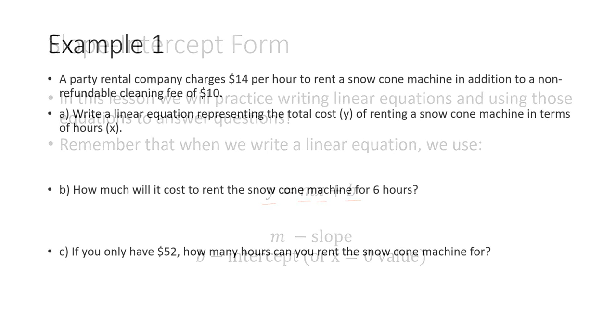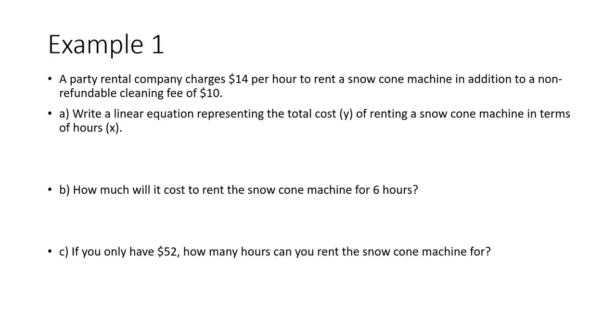A party rental company charges $14 per hour to rent a snow cone machine in addition to a non-refundable cleaning fee of $10. We want to write a linear equation that represents the total cost of renting a snow cone machine in terms of the hours. So the total cost is y, and the number of hours is x.